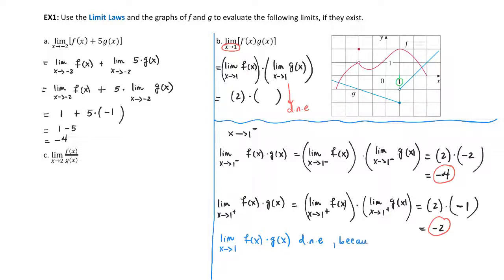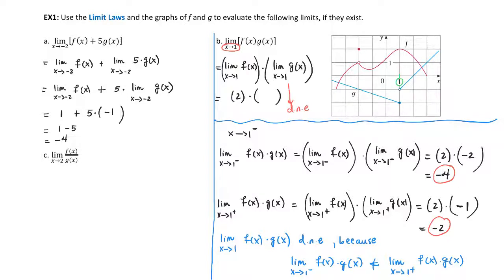Because the limit as x approaches 1 from the left of f of x times g of x does not equal the limit as x approaches 1 from the right of f of x times g of x. If the one-sided limits are unequal, then the double-sided limit does not exist.